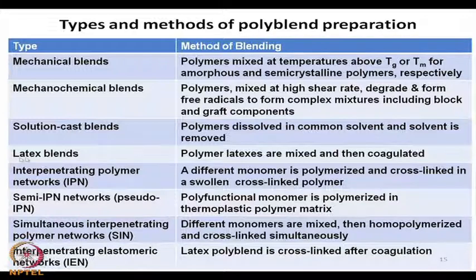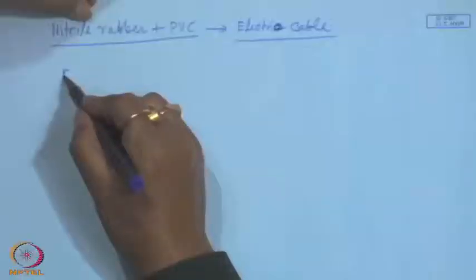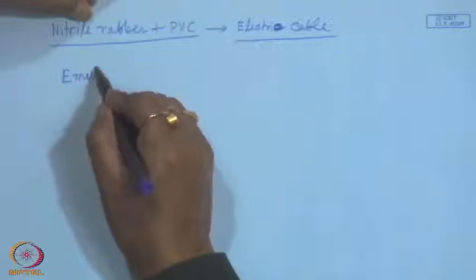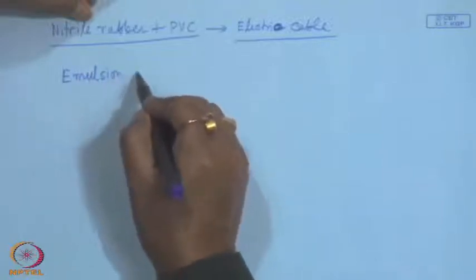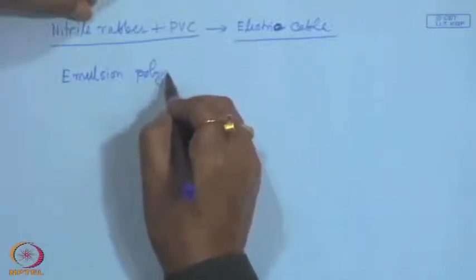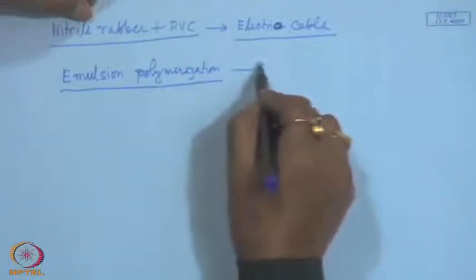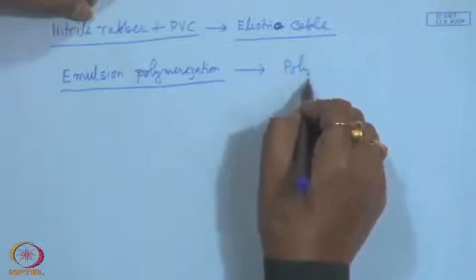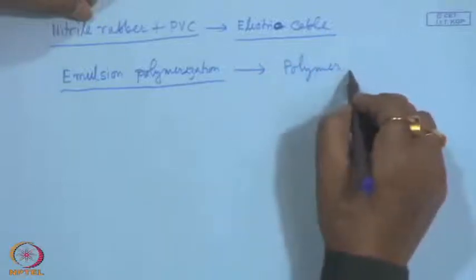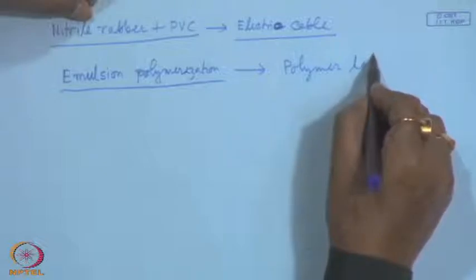Then latex blends. Now, there are certain polymers which are synthesized by emulsion polymerization technique. Emulsion polymerization leads to formation of a polymer latex. Ultimately, the polymer is obtained in the latex form.